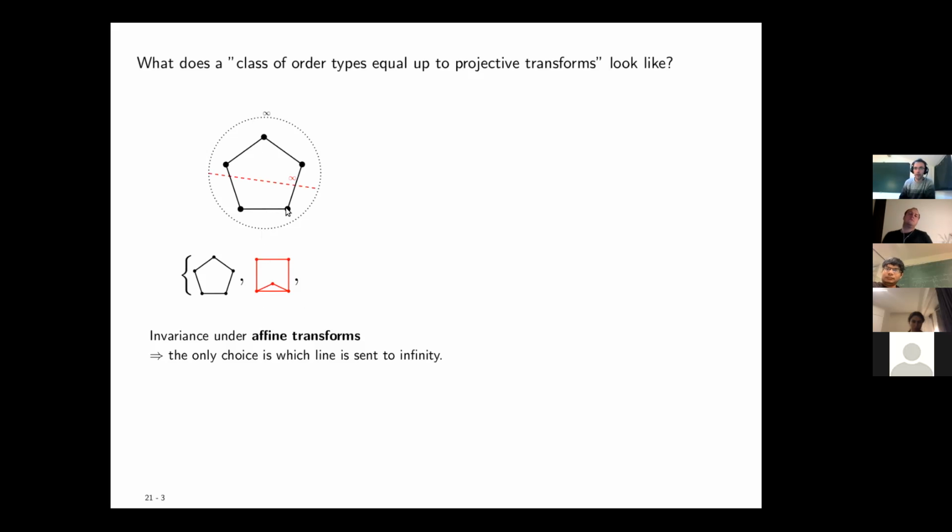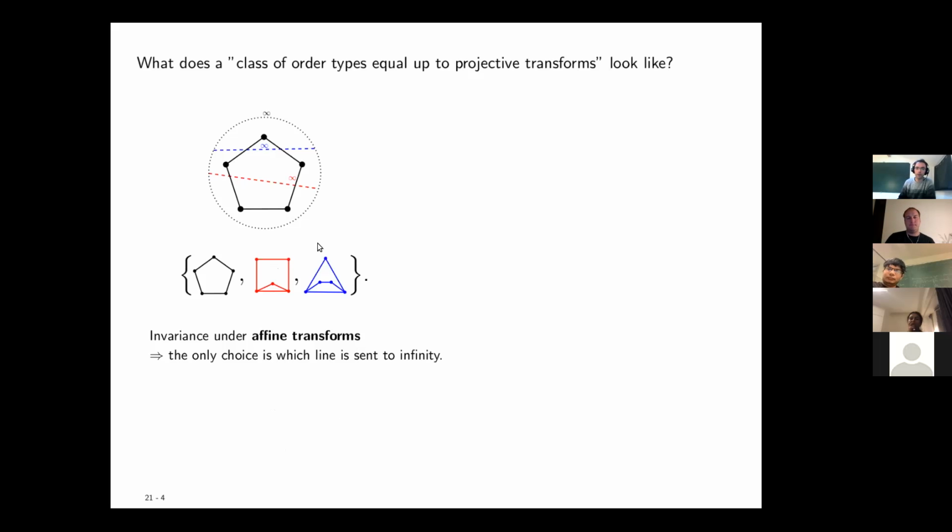Just think of these points being sent to infinity, very far up there. They will form a convex quadrilateral with this point inside. I could also take this blue line that splits 1 and 4, and then I get this. This point is sent really far at the bottom, and so these 2 points and the one at the bottom will be extreme.